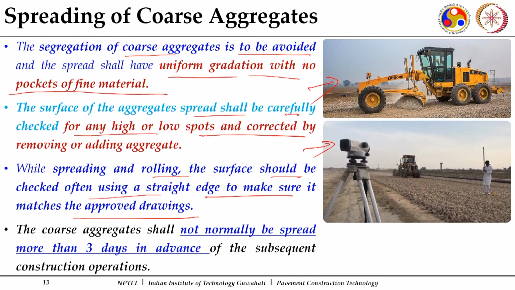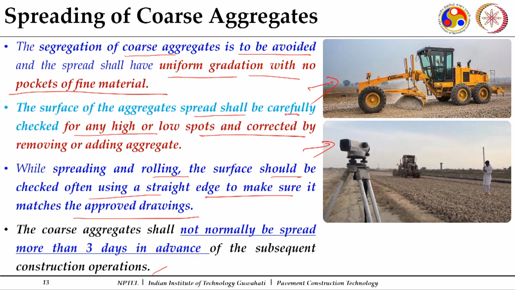The coarse aggregate shall not normally be spread more than 3 days in advance of the subsequent layer. Now, this is important. It should not happen that you have spread the coarse aggregates and then the next stage of construction is delayed for some period of time.